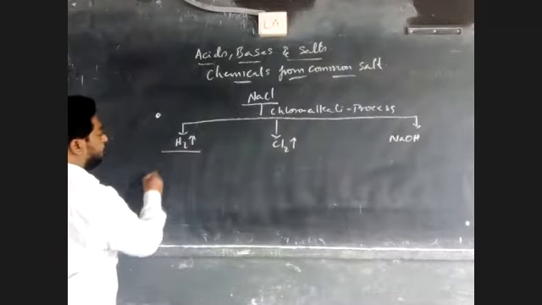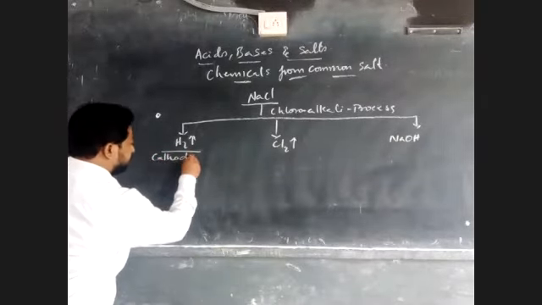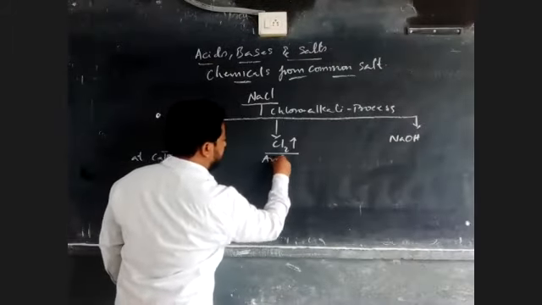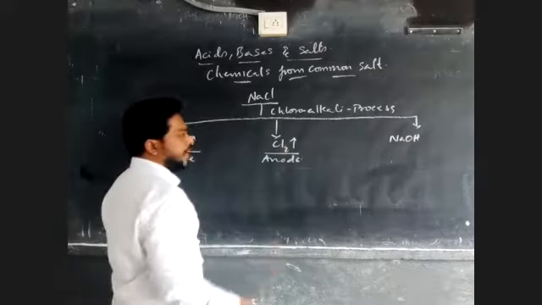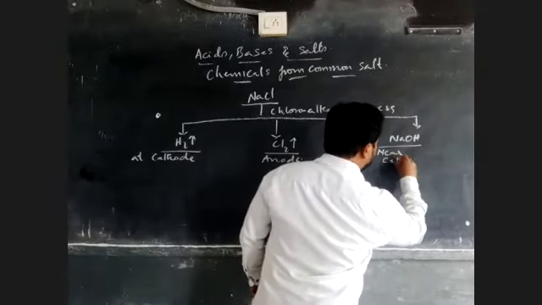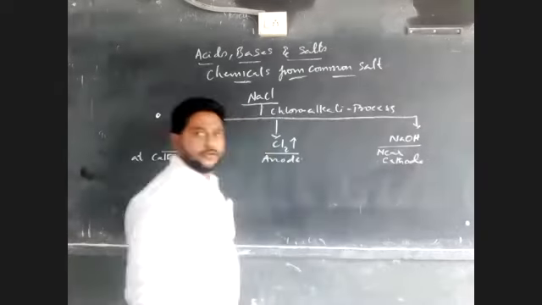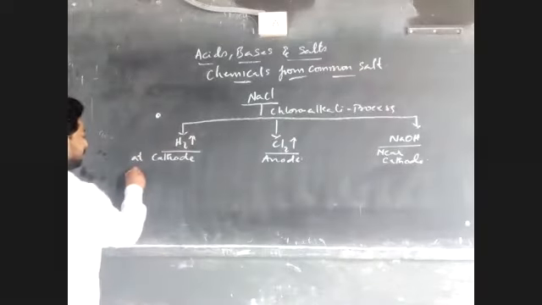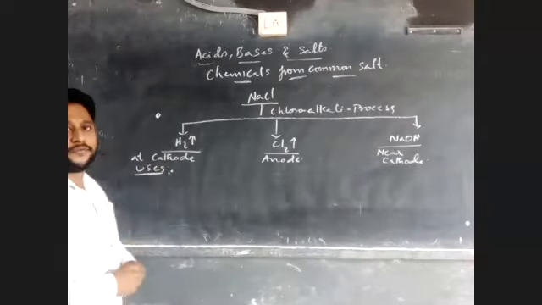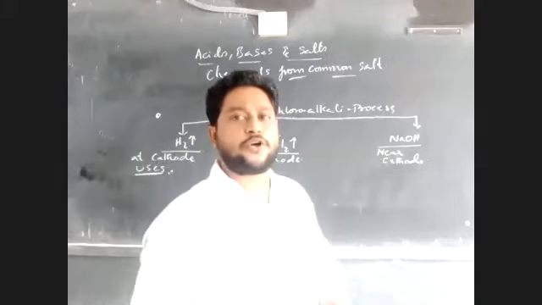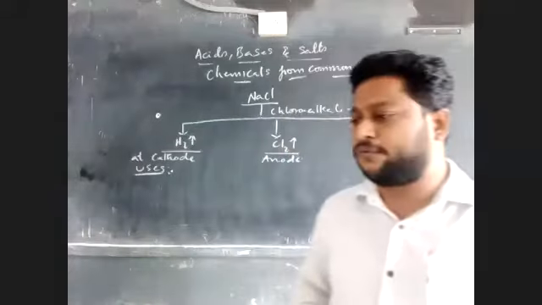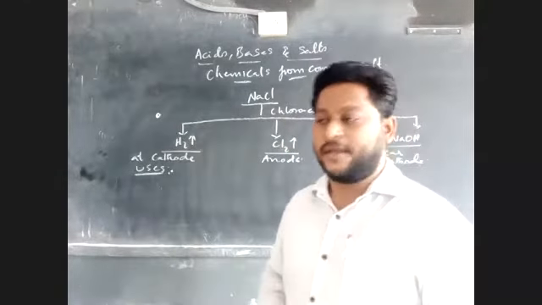Hydrogen gas is evolved at the cathode, chlorine gas at the anode, and NaOH is obtained near the cathode. Now let us see the uses of hydrogen gas, uses of chlorine gas, and uses of NaOH.